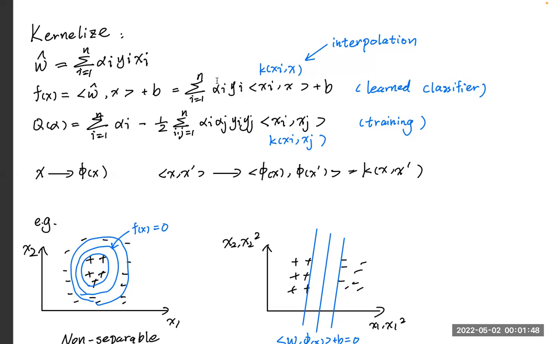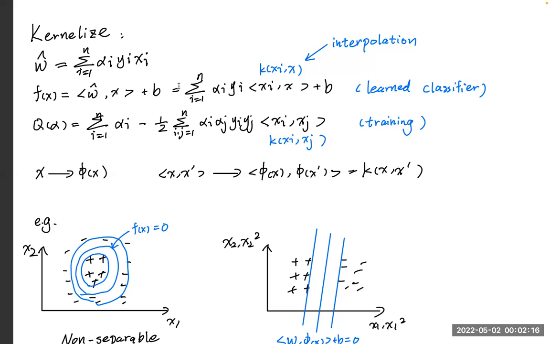And they vote based on how influential each friend is and how close each friend is to x. And then you add this b so that you get the score. And based on whether this score is positive or not, you classify this query x to be positive or negative. So that's the basic idea. So this is training and this is a learned classifier.